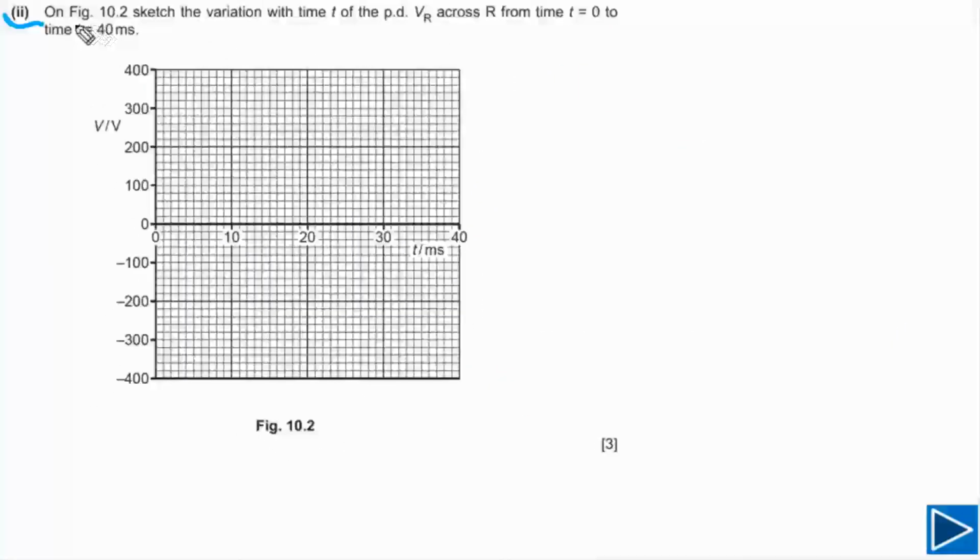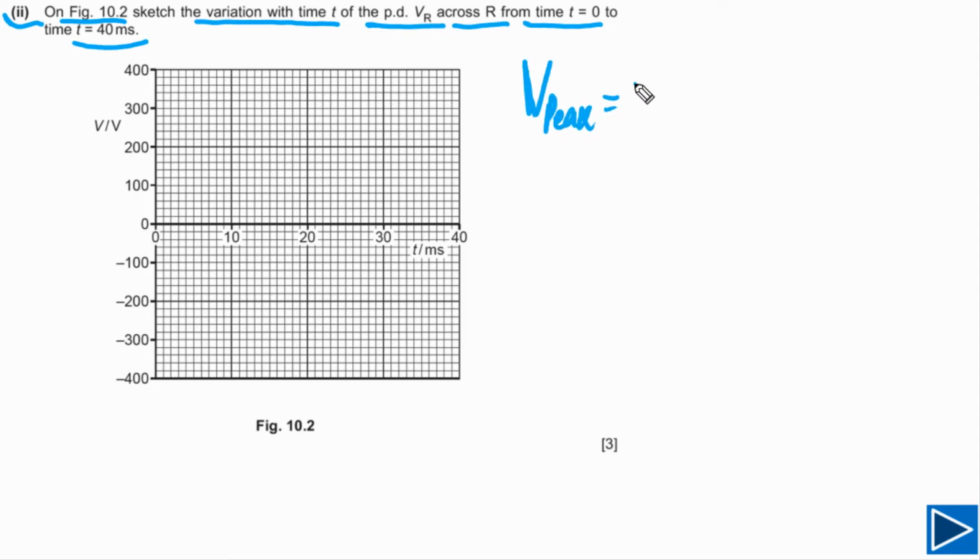For the second part, on figure 10.2, we need to sketch the variation with time t of the PD VR across capital R from t equal to 0 to t equal to 40 milliseconds. For this question, we have the peak voltage across the resistor, which is 320 volts.